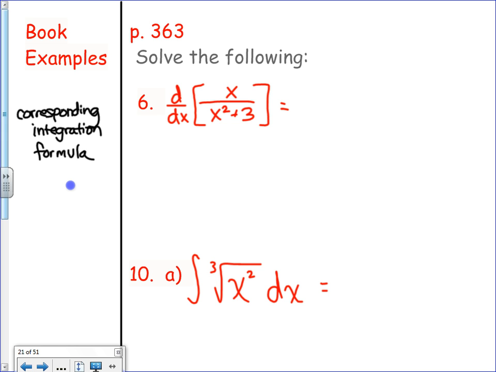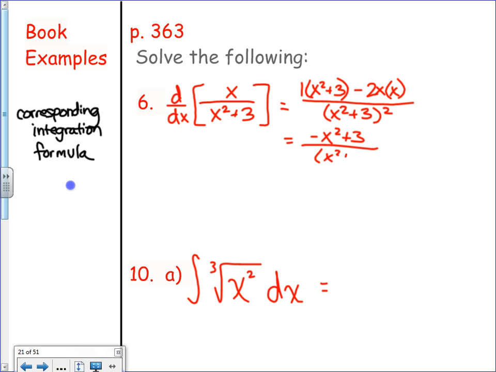What do I mean? If I take the derivative, yes, maybe I want you not to forget all your derivative rules. But if I take the derivative with quotient rule, and I figure out negative x squared plus 3 all over x squared plus 3 squared, if I say, yay, a derivative, then how can you say, yay, an integration formula?